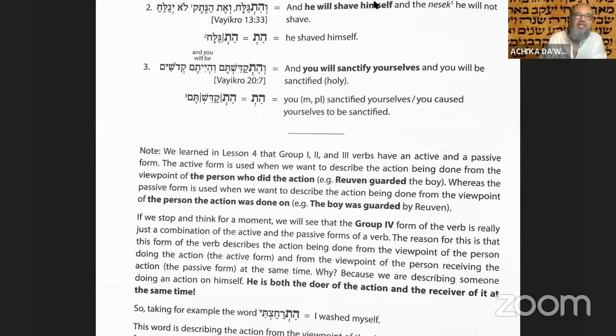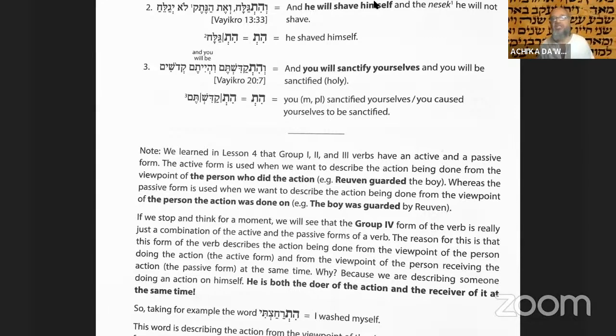But it says, note, we learned in lesson number 4 that group number 1, 2, and 3 verbs have an active and a passive form. To cover that again, the active form is used when we want to describe the action being done from the viewpoint of the person who did the action. Example: Reuven guarded the boy.